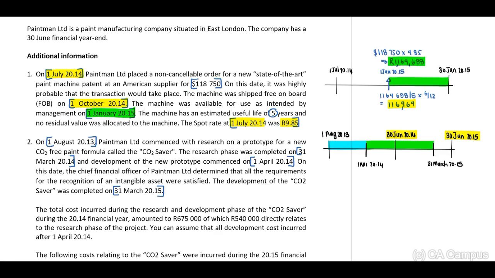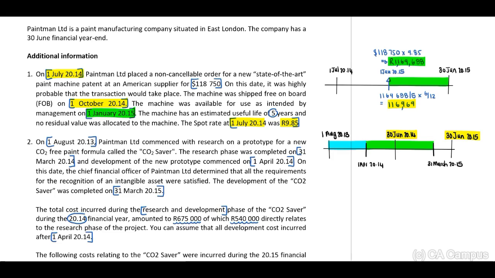In the next paragraph, the total cost incurred during the research and development phase of the CO2 Saver during the 2014 financial year amounted to 675,000, of which 540,000 directly relates to the research phase of the product. You can assume that all development costs incurred after 1 April 2014.